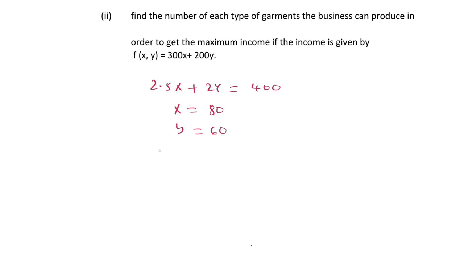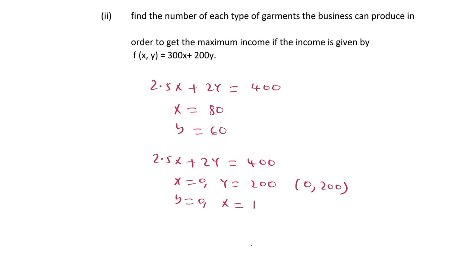Next we are going to find the sample points from the line 2.5x plus 2y equals 400. When x equals 0, y is going to be 200 and the point is going to be (0, 200). And then when y equals 0, x is going to be 160. Then our point is going to be (160, 0).